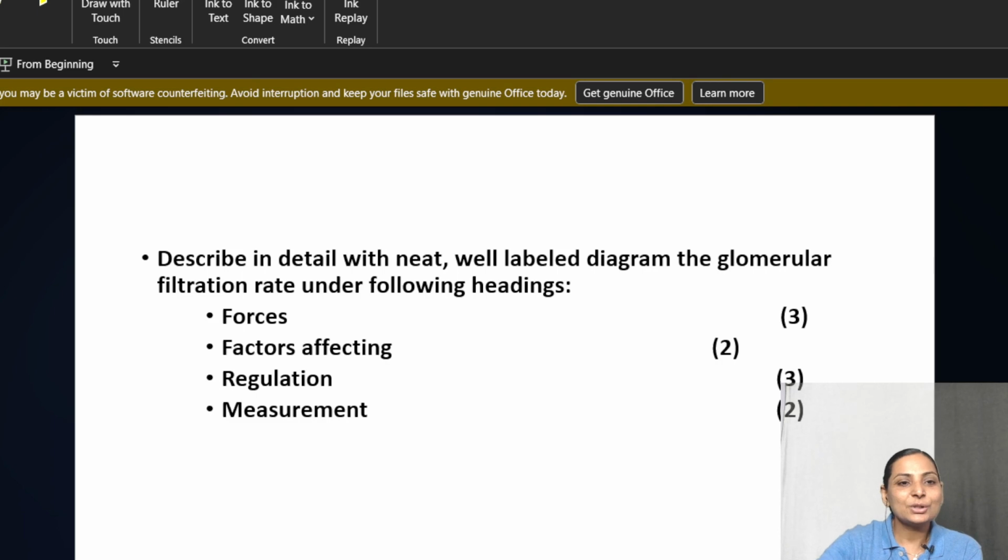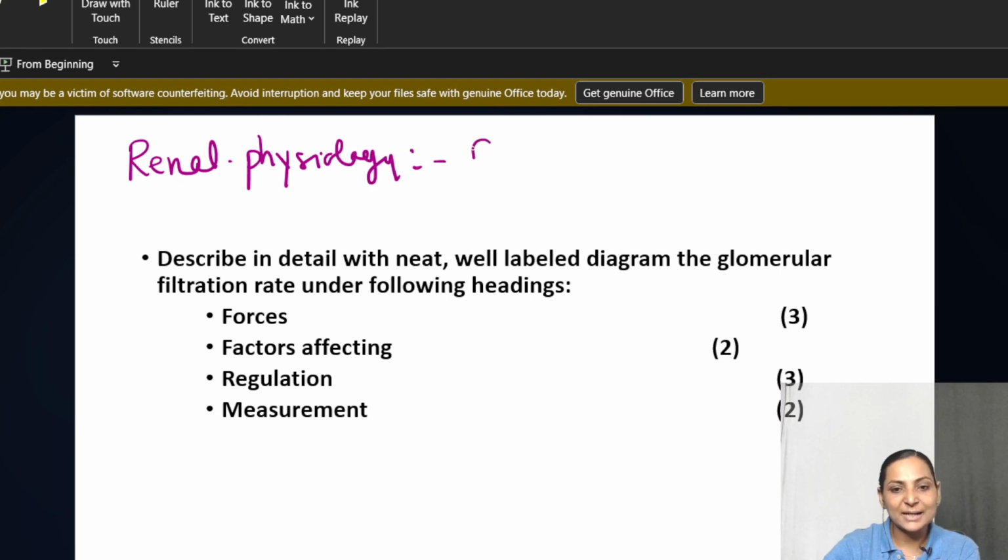Okay, so the question which I am going to discuss is related to renal physiology. And the question is one of the very important LAQs, that is, an LAQ on GFR, where the total marks are 10 and which are divided in the following manner.